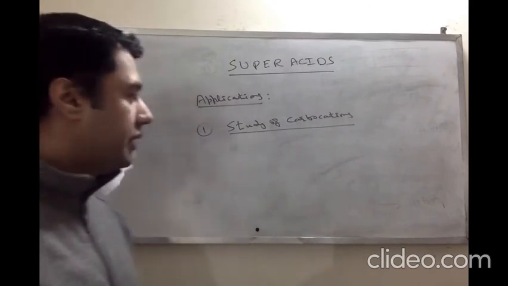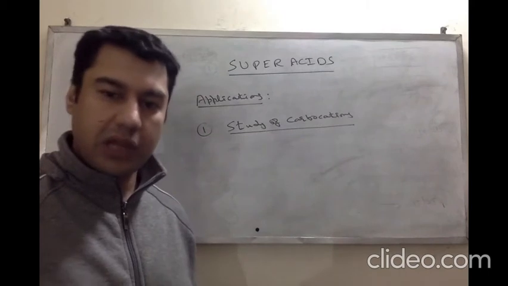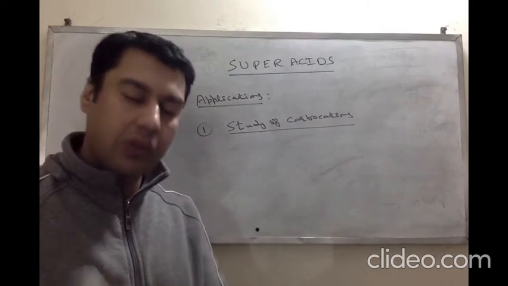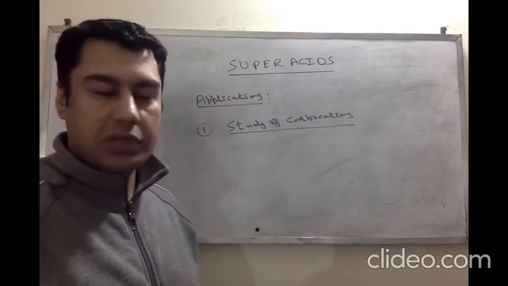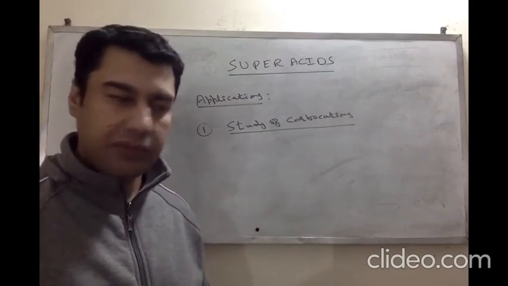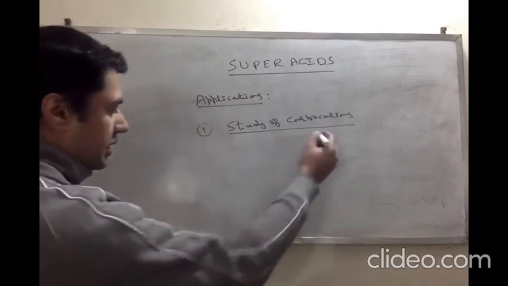However, when we prepare carbocations in superacids, these carbocations have a long lifetime, long half-life period, and therefore it becomes possible to study their behavior as well as their reactions and interactions with other molecules. So the study of carbocations.